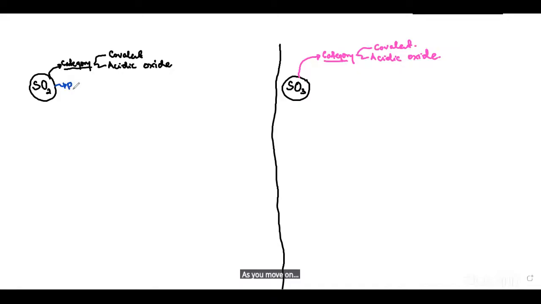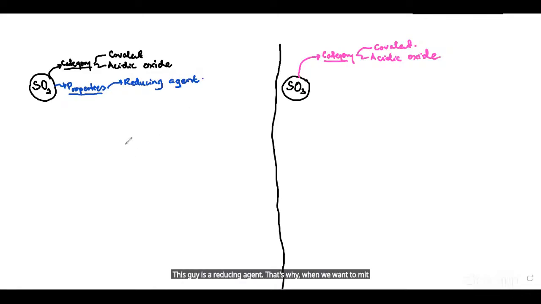As we move on, we meet properties. And among properties of sulfur dioxide, this guy is a reducing agent. That's why when we want to mitigate it, we use a catalytic converter because it can be oxidized.